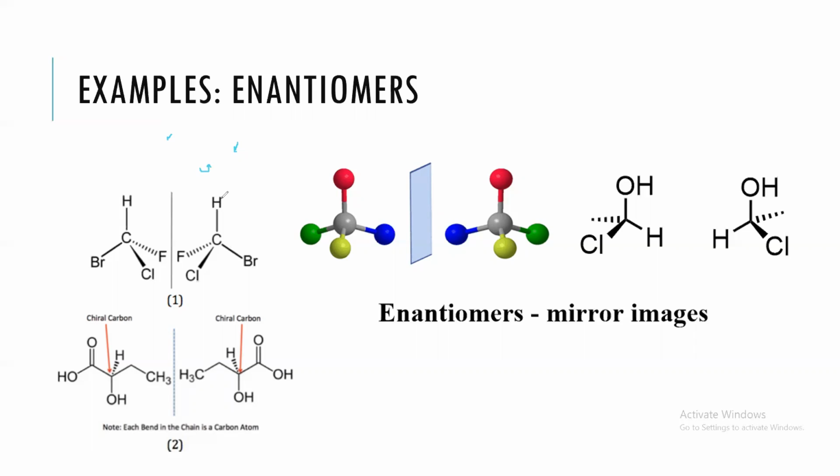If I rotate this one, what's going to happen is that we have this carbon, the hydrogen will stay in its place, and that's the H. What's going to differ is these two groups and this one. The bromine will be over here, and then I'll have the fluorine and the chlorine.